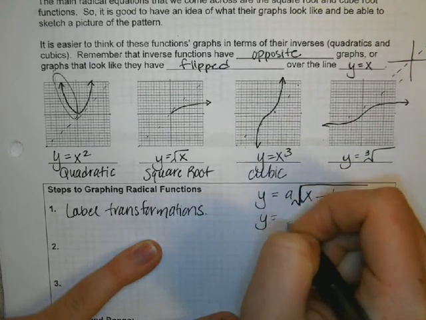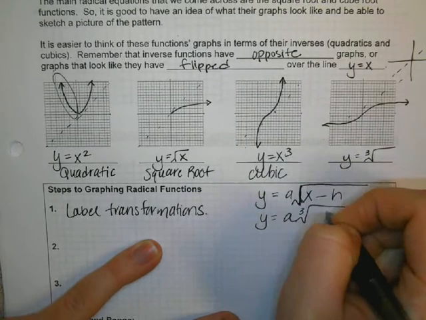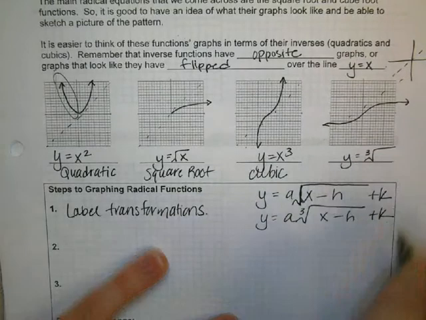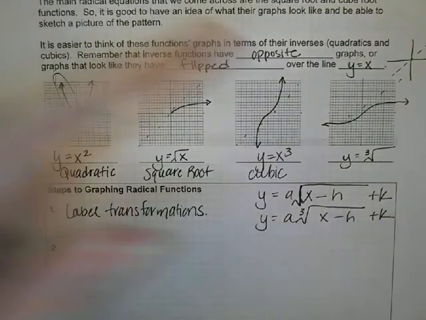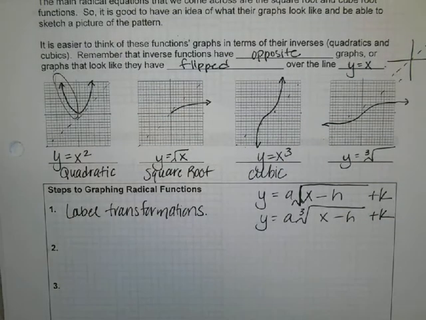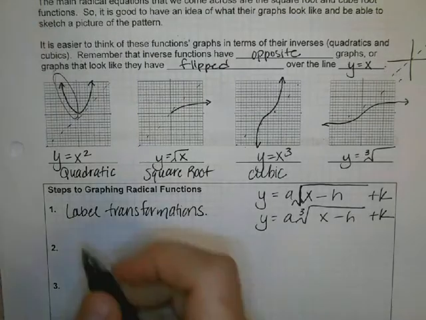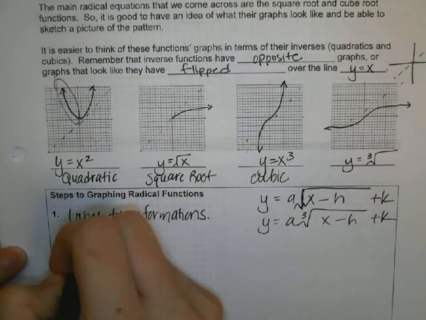The only difference is the index. But you have your h and your k going on still here. So that h and k are going to move your graph the same way they've moved quadratics, absolute values, and the other functions that we've dealt with. So you start by labeling the transformations. Then we're going to make a small table of values.